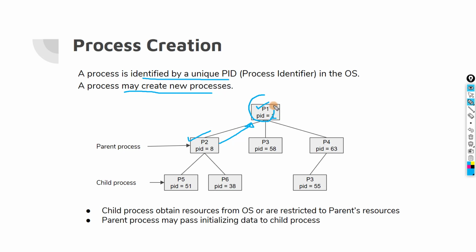The parent itself has some resources of the operating system assigned to it, and the child process can get resources from this group of resources as well.